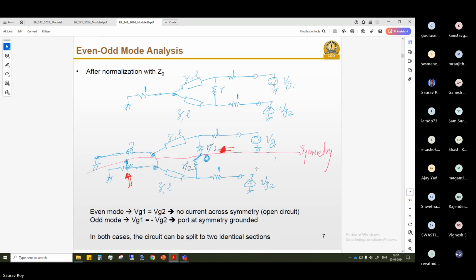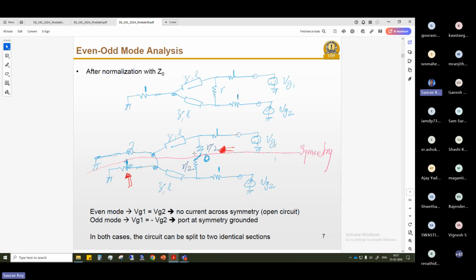If you apply the same voltage in both sections, definitely there will be no current flow through the resistance because they are at the same voltage node. So basically they will be open circuited. There is no current flow through the resistance, so if you cut them in between, you can take both R/2 as open circuit in even mode.